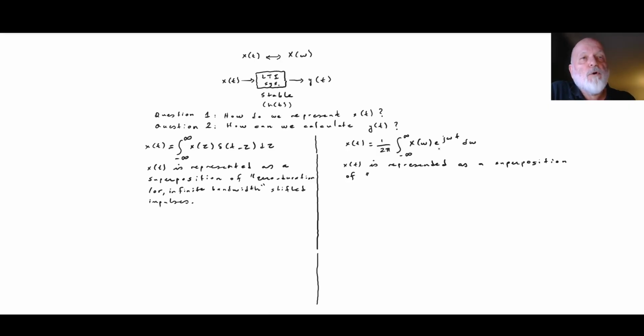It is non-zero over the entire time domain, t from minus infinity to plus infinity. Therefore, it is infinite duration or zero bandwidth.